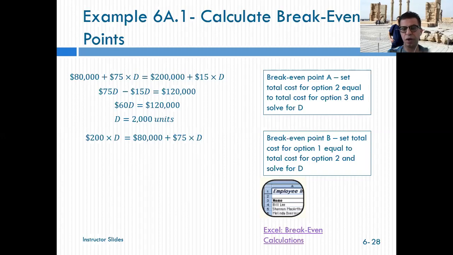On the other hand, if you are looking at buying straight from the supplier, which costs you $200, versus buying a semi-finished machine, which costs you $80,000 plus $75, then you need to do the same calculation and find out how many units you need to produce.